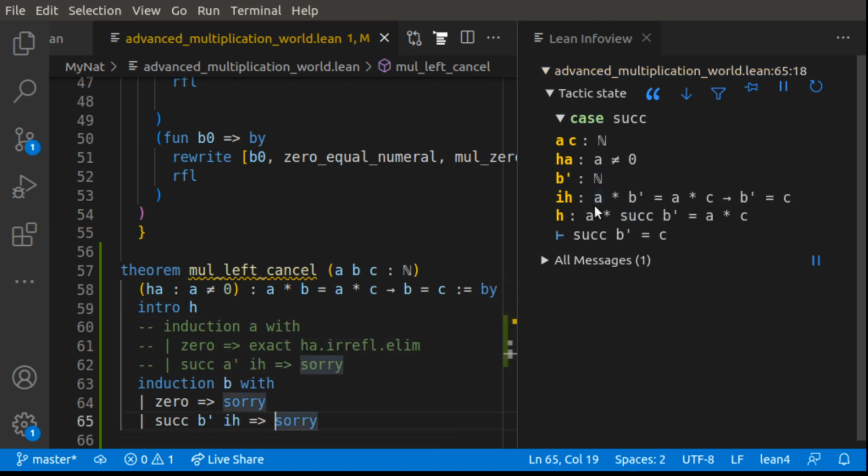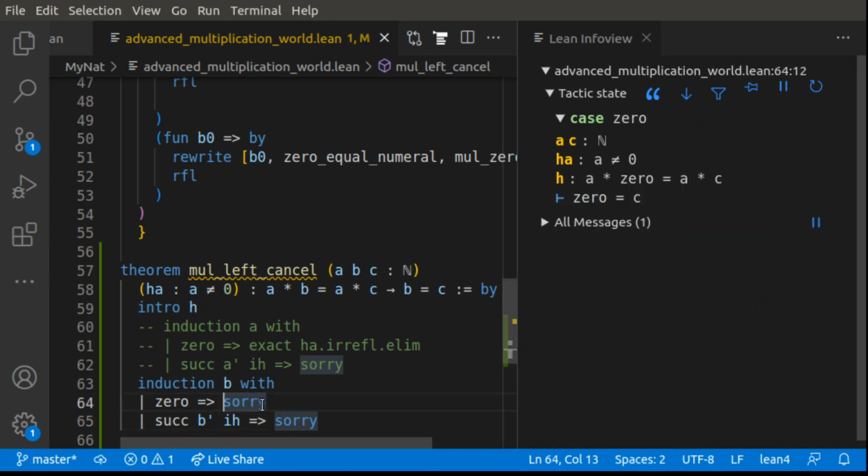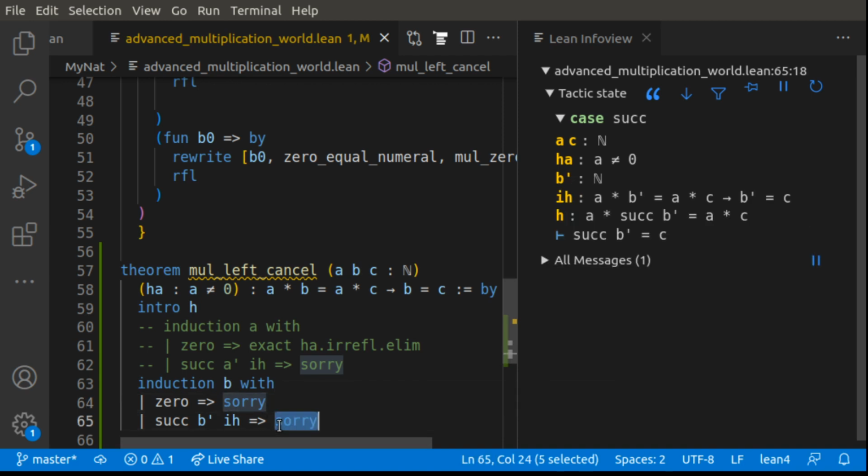But here, the interesting thing is the inductive hypothesis: A times B prime equals A times C. This is A times successor of B prime equals A times C. Maybe we get a contradiction or something? I'm not too sure, but let me play around with this. That's easy, but let me do this first.